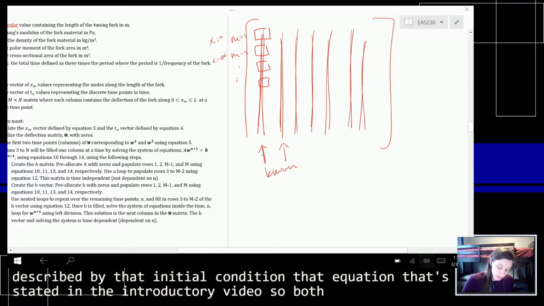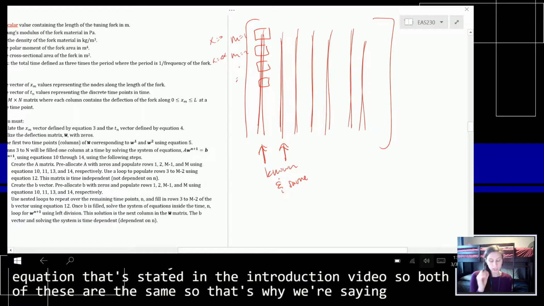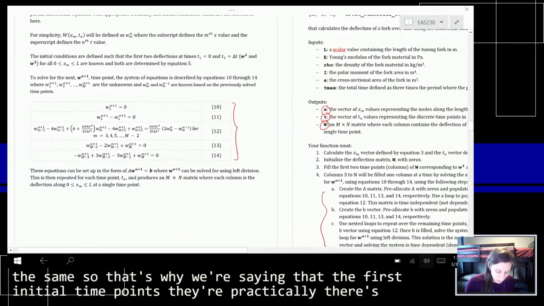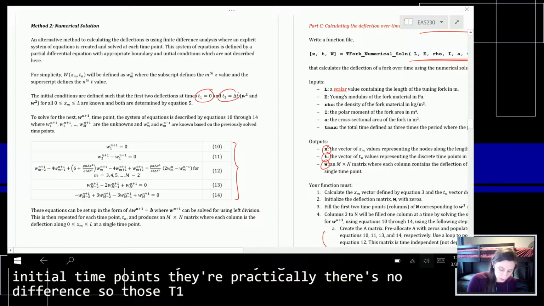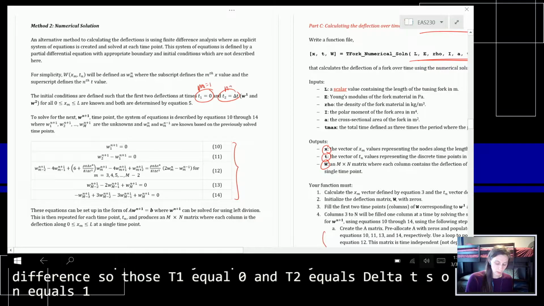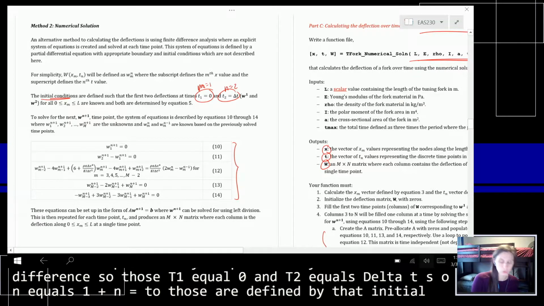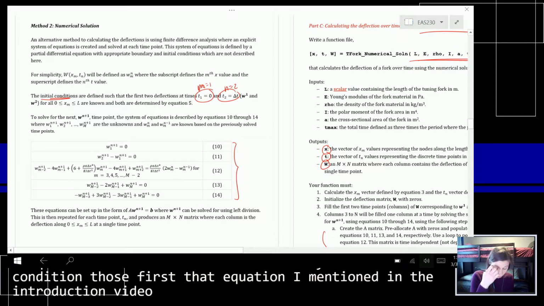So both of these are going to be the same. Essentially we're saying that for the first initial time points, there's no difference. So t1 equals 0 and t2 equals delta t, so n equals 1 and n equals 2, are defined by that initial condition I mentioned in the introduction video.